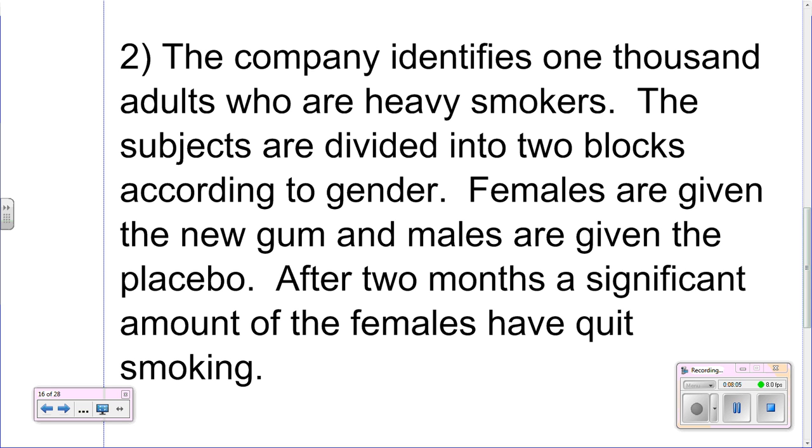So, the best way would have been to split the blocks and give half of each the treatment.